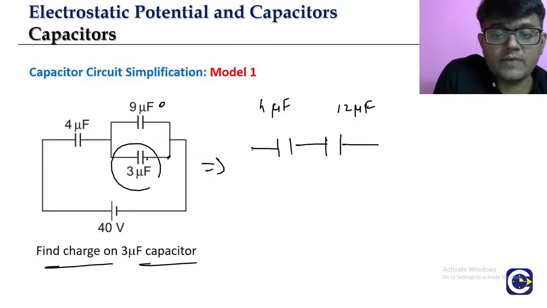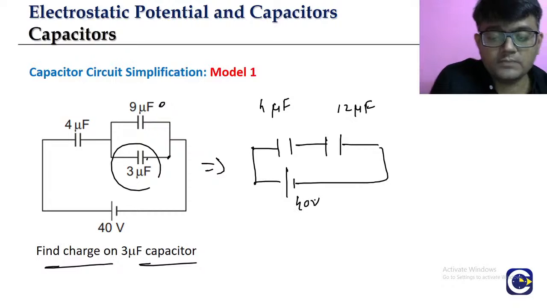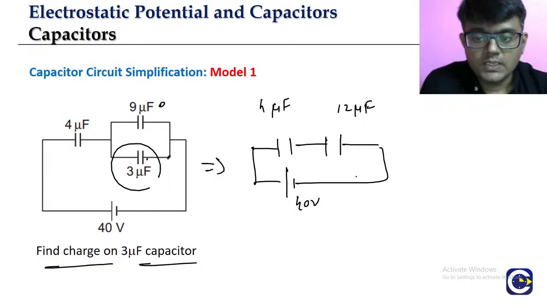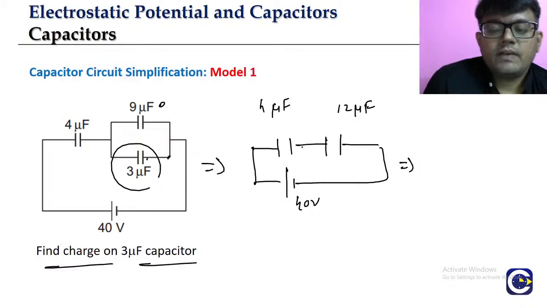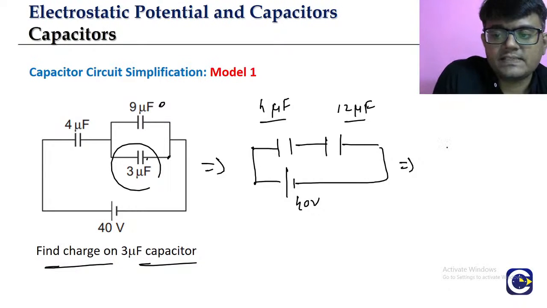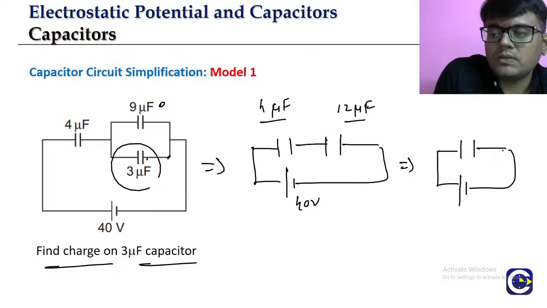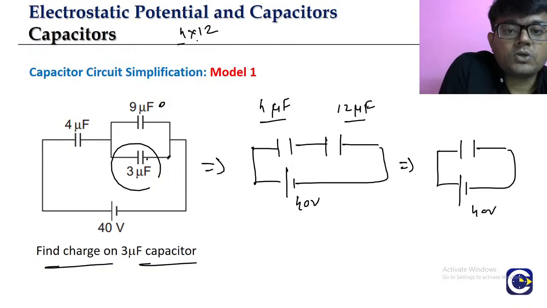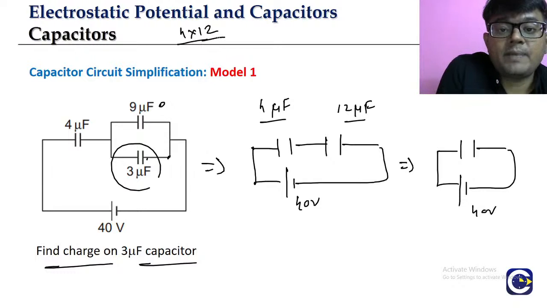Now here we have the source, which is 40 volt. When we look at the 4 and 12, they both are in series. What is the equivalent capacitance in series?